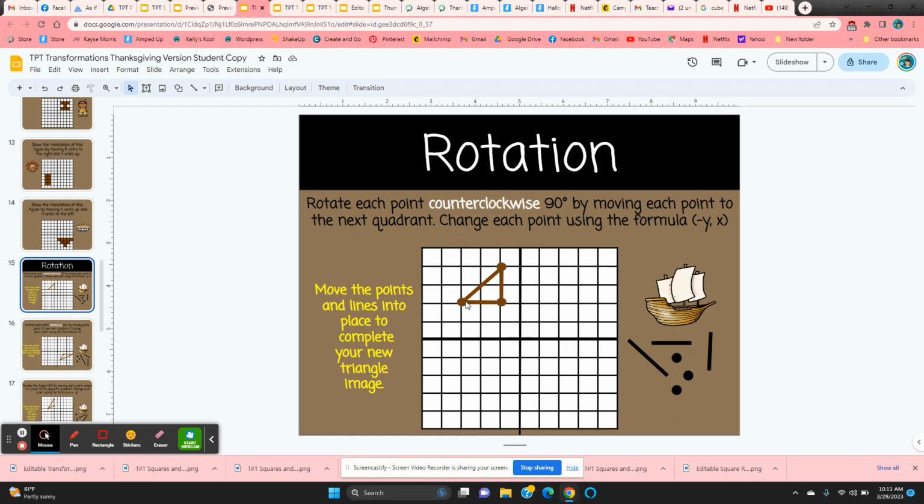So they're just going to take each one of these points and they're going to use this formula, (y, -x). So we'll start with the first point, which is -1, 2. The new point will be -2, -1.